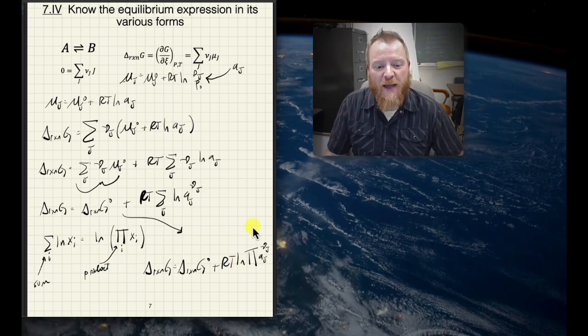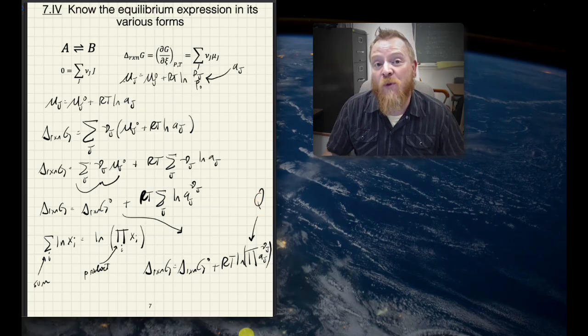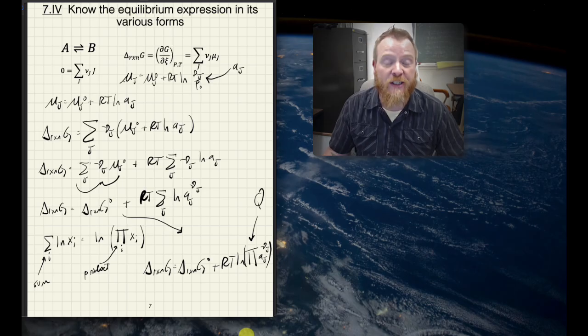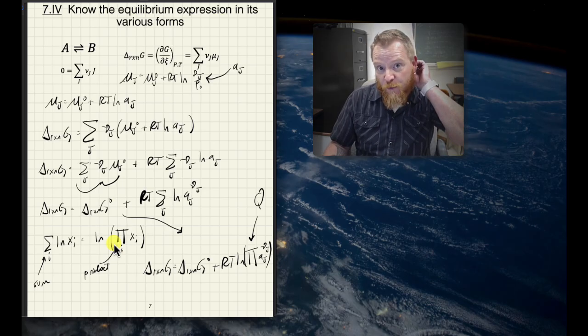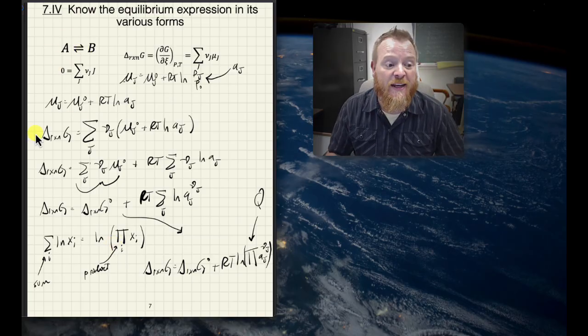And if you recall from last time, we called everything that was inside this natural log the reaction quotient Q. So now we have a way of getting an equilibrium expression based on activities for any number of reactions that might not just be this simple A goes to B in the ideal gas approximation.